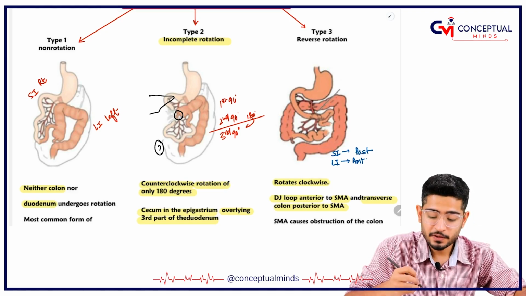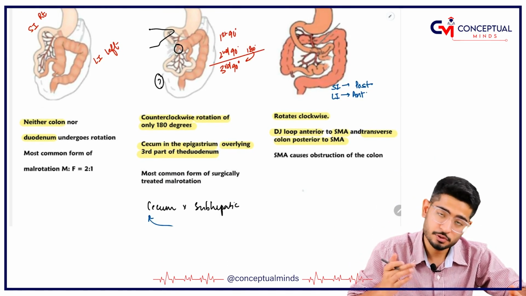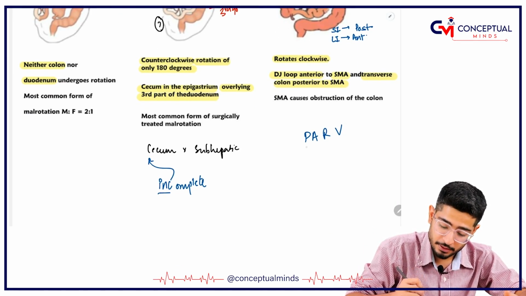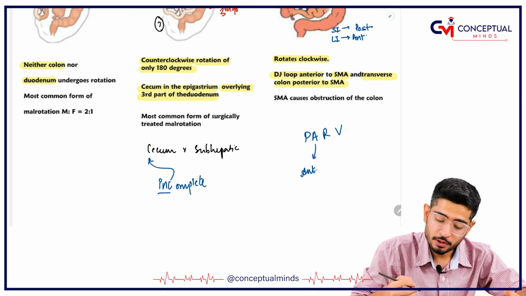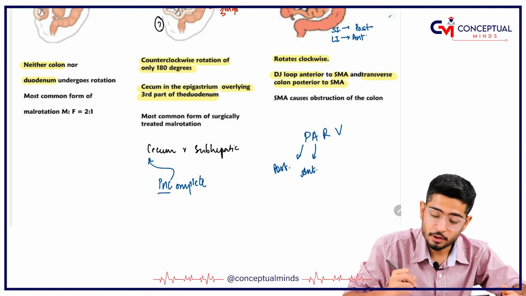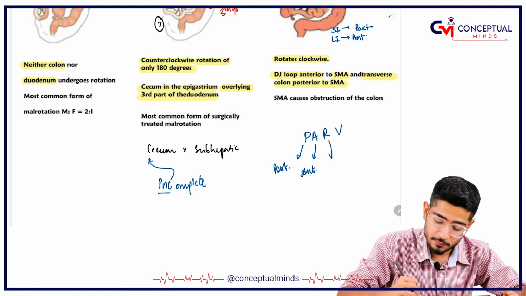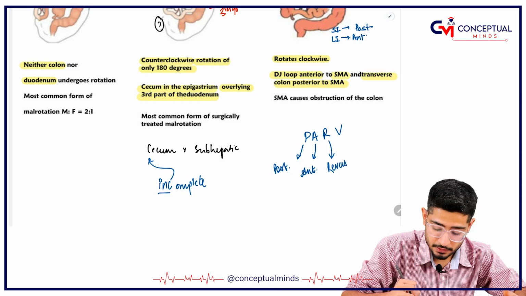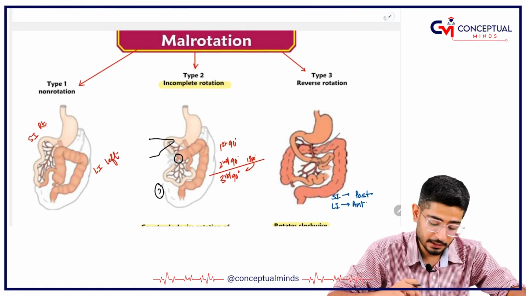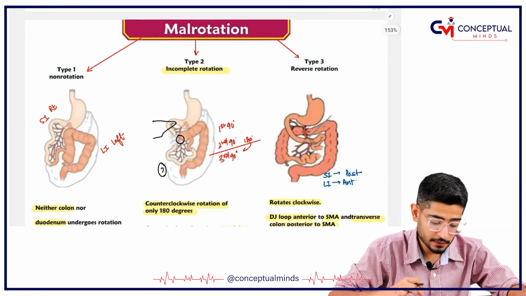But since the reverse is going to happen, it will be posterior and anterior reversed. Please remember that the large intestine is going to be posterior and the small intestine anterior. And what is R? R is for reverse. So reverse rotation is going to have the posterior and anterior thing reversed.